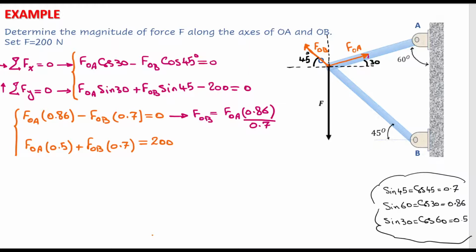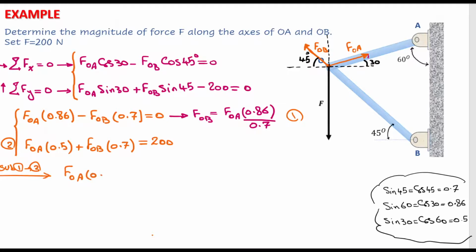Even if you don't want to plug it into your calculator and find the value, no worries. Now it's time to substitute equation number 1 in equation number 2. Substitute 1 in 2.